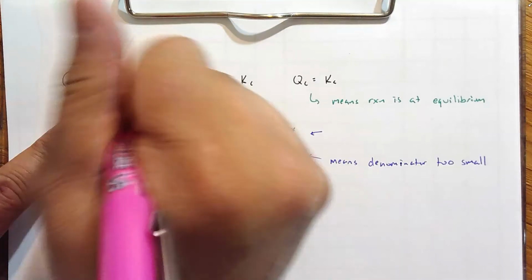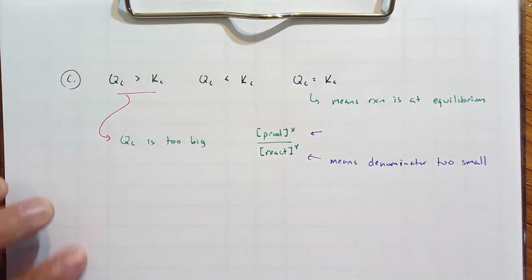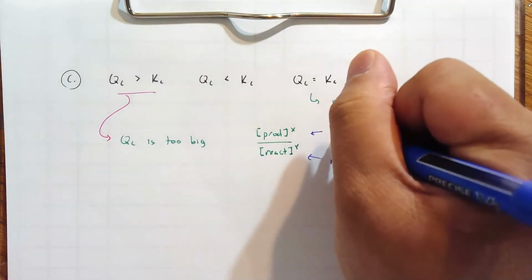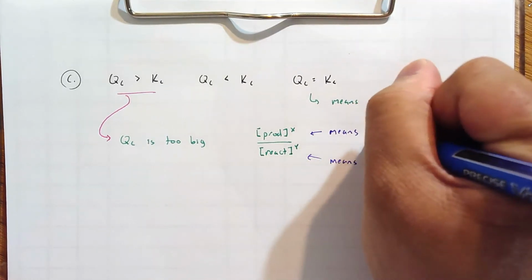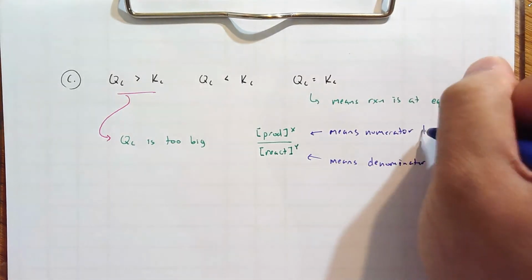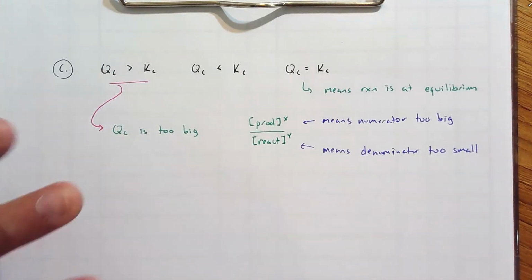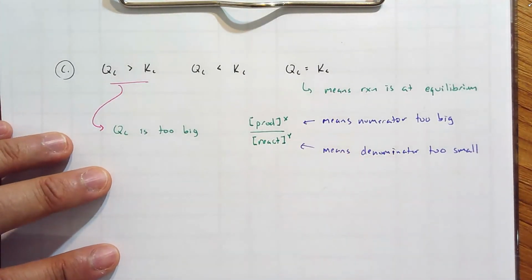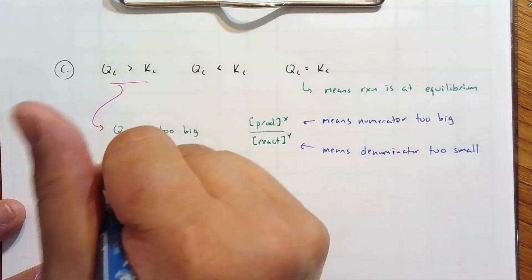So this situation we are describing right here, Qc is too big, means that the numerator is too big. What does that mean? It means that to get to equilibrium, we have to favor the reactants.